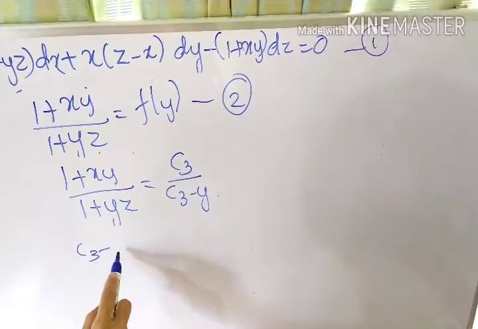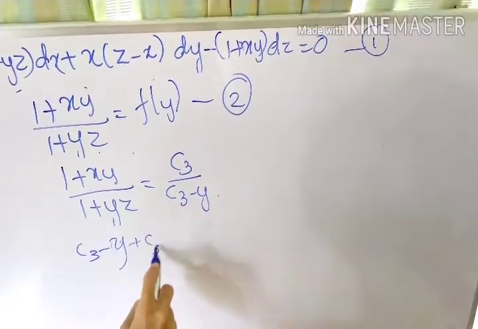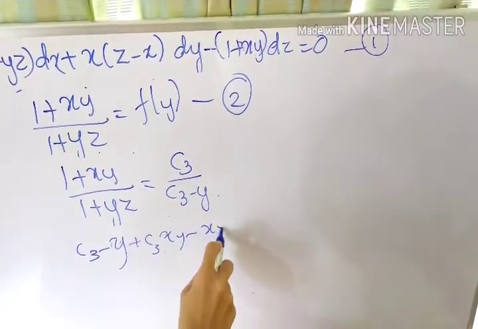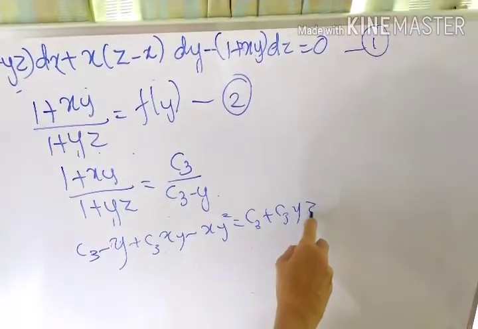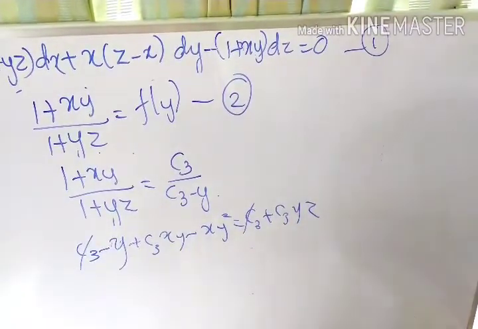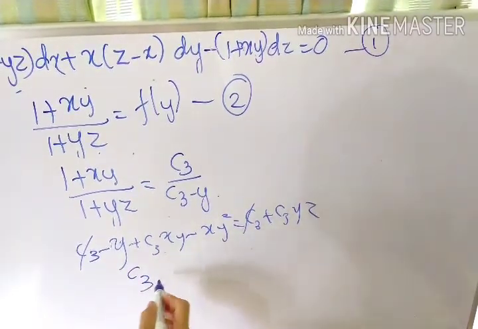C3 minus c3 minus y plus c3xy minus xy square is equal to c3 plus c3y, I said. C3 gets cancelled from both sides. I'm taking c3 to this side over here.